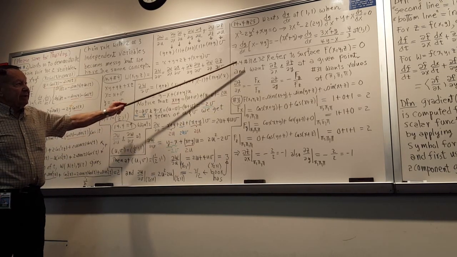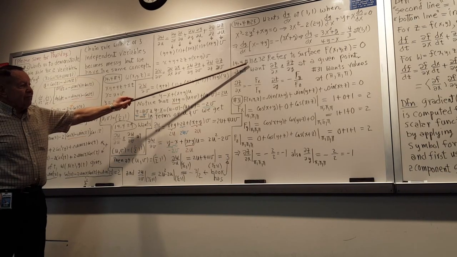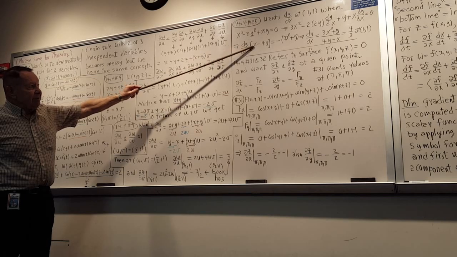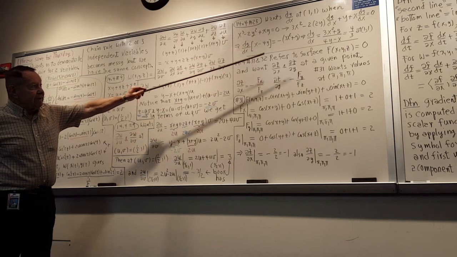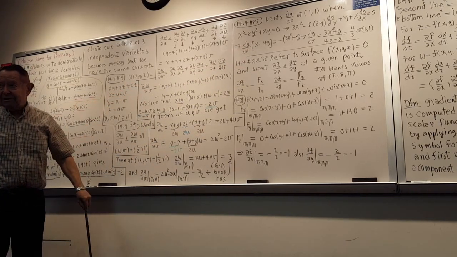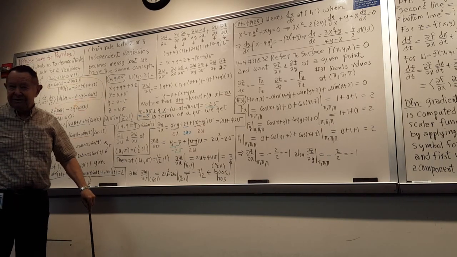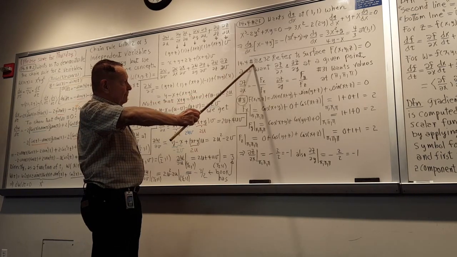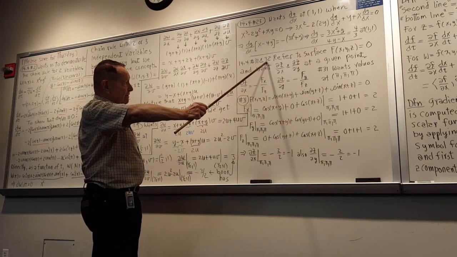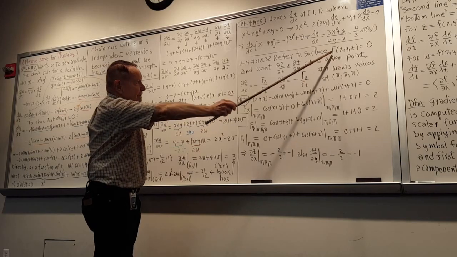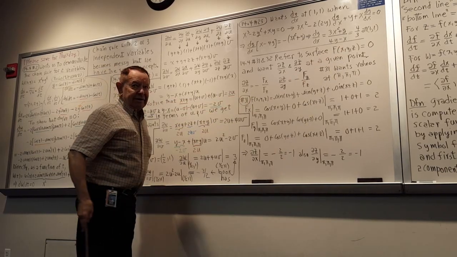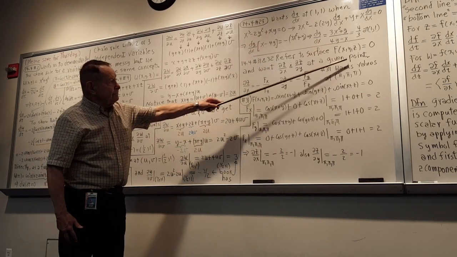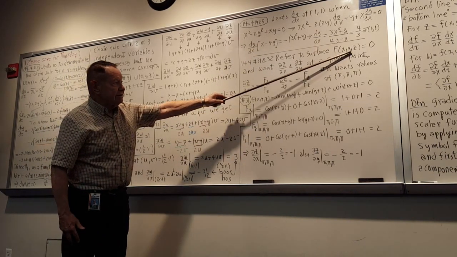I think the reason they put it in here is that problems 31 and 32 use this same approach, but now you see you have 3 variables, so you have partial derivatives. This same concept applies to something like either of these, which refers now to a surface as opposed to a curve. F of x, y, z equals 0.